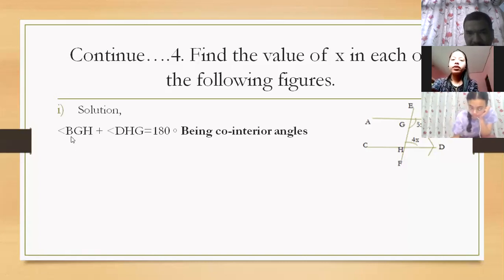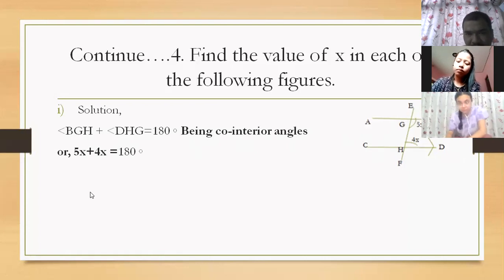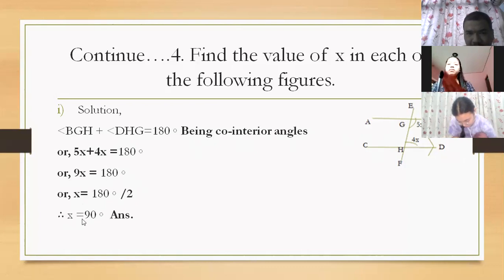Write the names: angle BGH and angle DSG. When you add them, their sum will be 180 degrees. Find the value of x by adding them. It will be 9x equals 180 degrees. Then when 9 goes here, it will be divided, and you will get the value of x as 90 degrees.